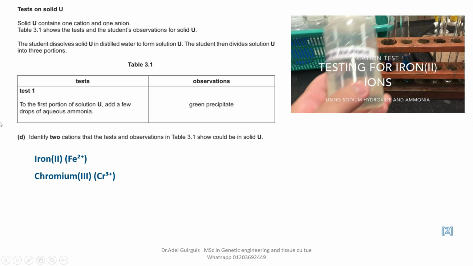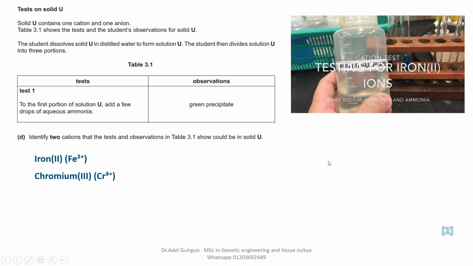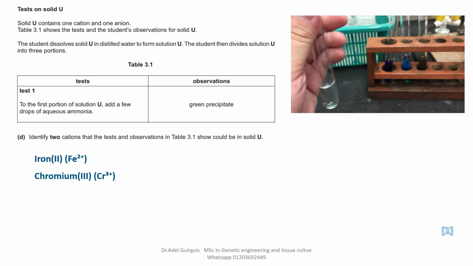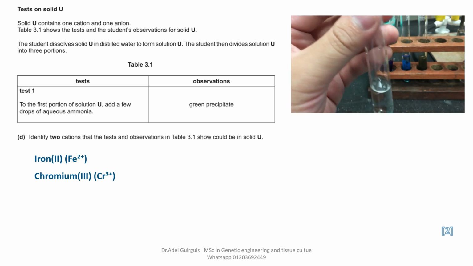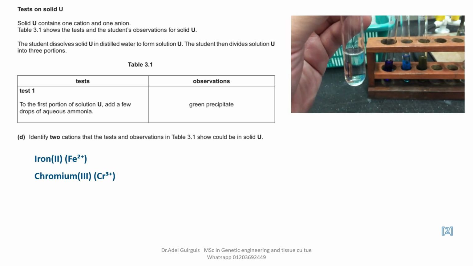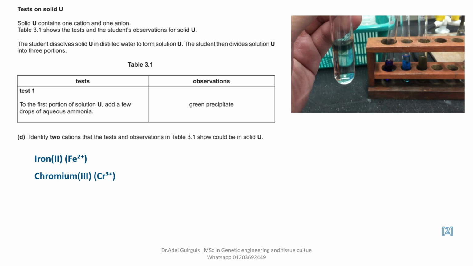Now to check by this experiment, look at this video. For iron(II), here is iron(II) sulfate, source of iron(II) ions, Fe2+. We test by using ammonia solution. Add a few drops of ammonia drop by drop to the solution containing iron(II).